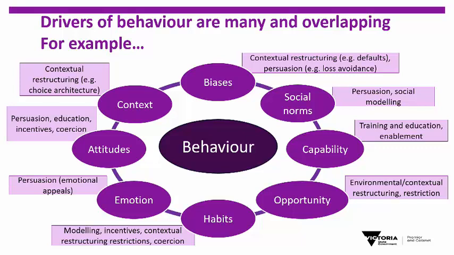So we know that the way decisions are presented affects our choices, that decision-making is influenced very much by what others are doing, and that despite our best intentions, we don't always follow through with what we intend to do. And factors that shouldn't really make a difference, I should say, to our decision-making, like our emotions and our habits, actually do affect how we behave.